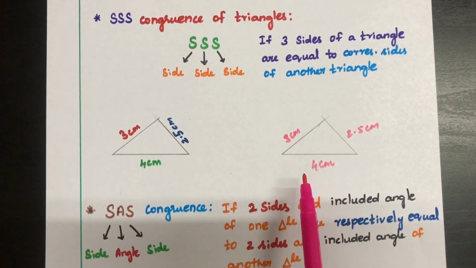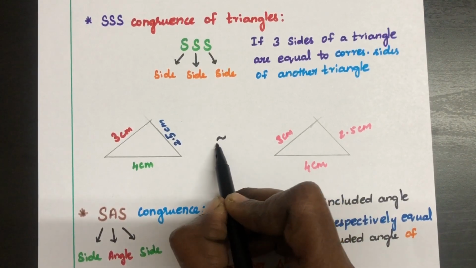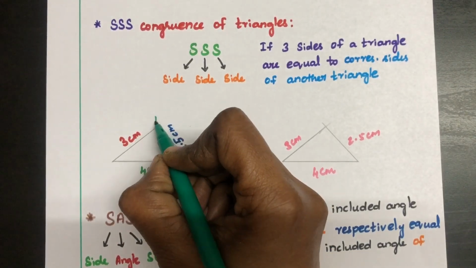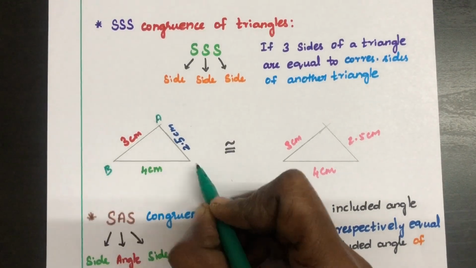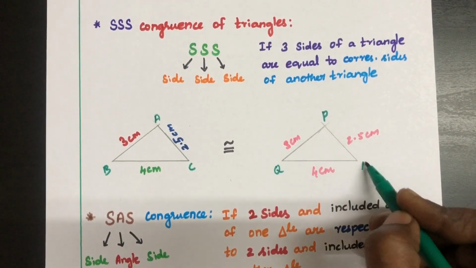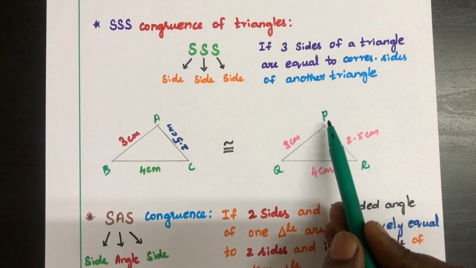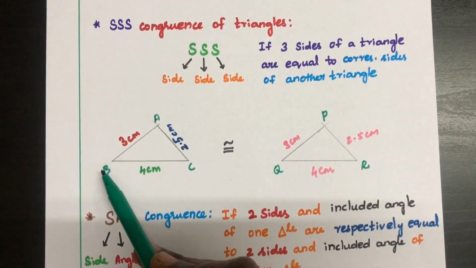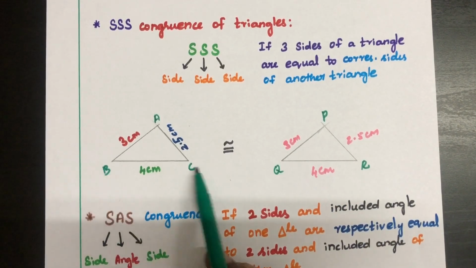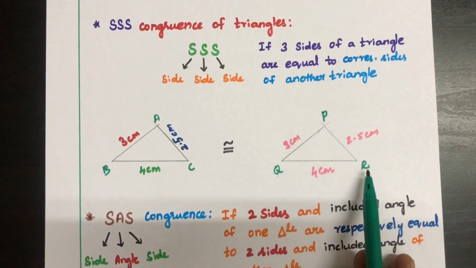This is the triple S congruence. Both are congruent, denoted by this symbol. For example, if we give the names A, B, C and P, Q, R, see here, AB corresponds to PQ, similarly BC corresponds to QR, AC corresponds to PR.